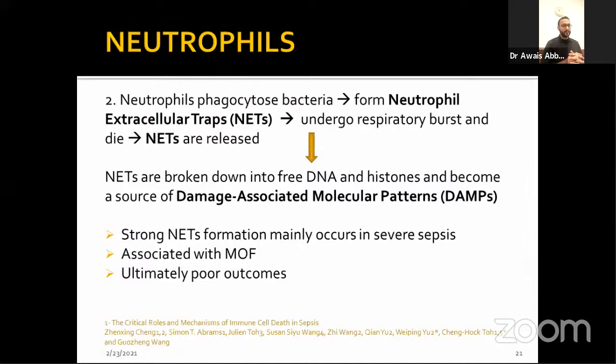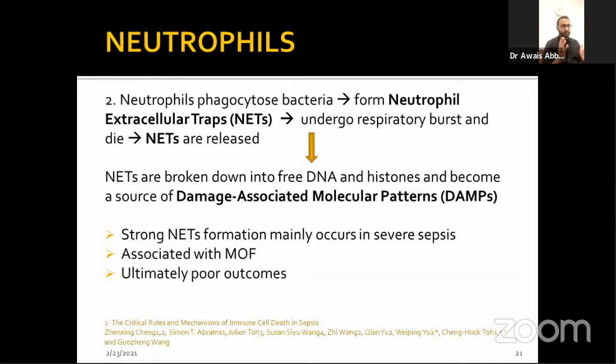Another mechanism that has been discussed in the literature is that when neutrophils phagocytose the bacteria, they form neutrophil extracellular traps, which we call NETs. After formation of NETs, the neutrophil undergoes respiratory burst and dies, and those NETs are released into the circulation. When released into circulation, they are broken down into free DNA and histones, and they become a source of triggers for infections.